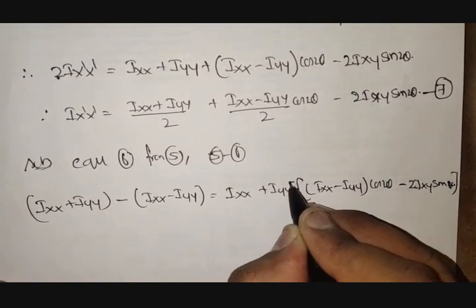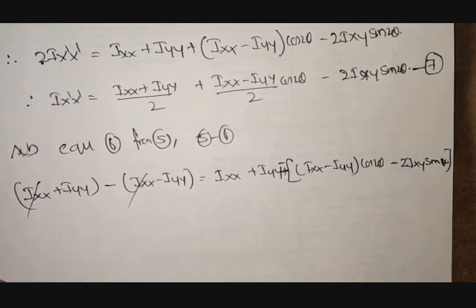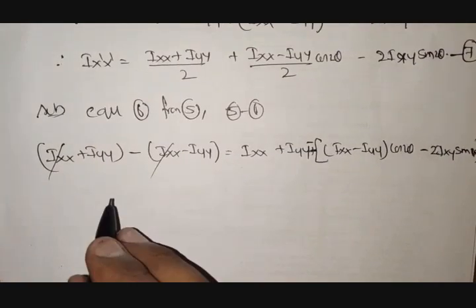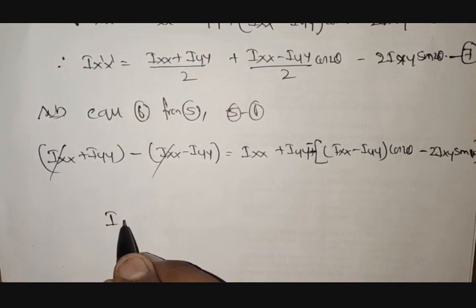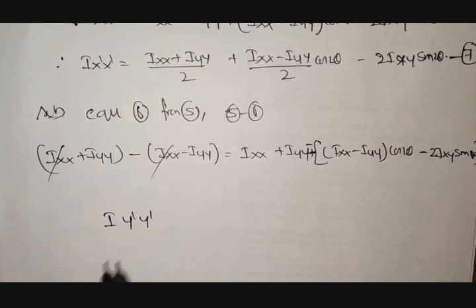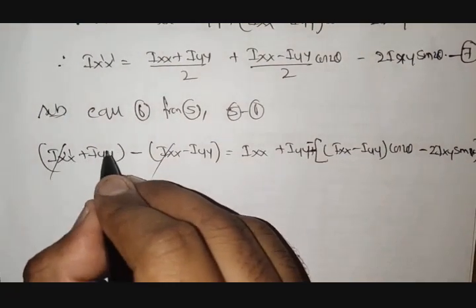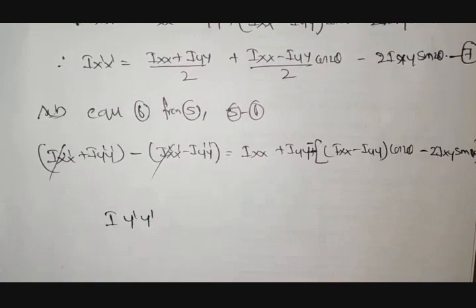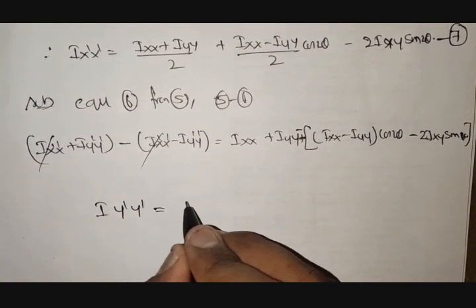So here there is a minus sign. By simplifying this whole equation, the value of Ix' will get cancelled out. By simplifying this total equation in the same manner, we are going to get the value of Iy', sorry, Ix'y'.